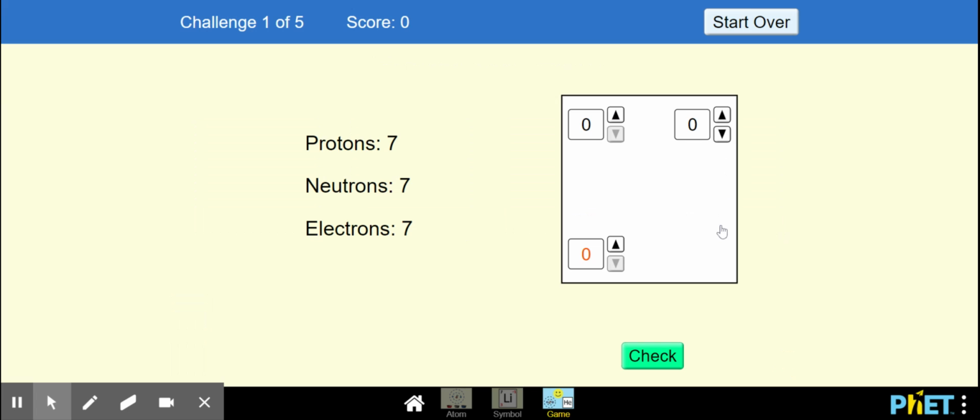And then this game is all mixed up. So looks like we need to write the symbol for the element having 7 protons, 7 neutrons, and 7 electrons. So protons and electrons, we know it's going to be neutral. This number here is the atomic number. That's the number of protons. We're going to make that 7.